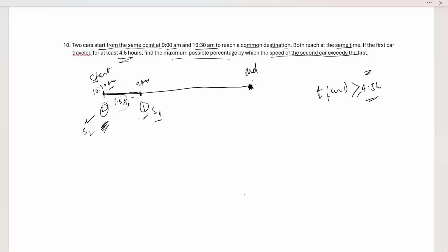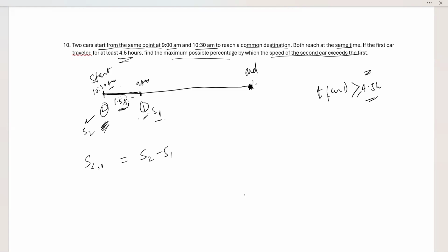So for the meeting to happen at this endpoint, they have to cover this distance. And at what speed? At a relative speed. What is that relative speed? S2 comma 1, which is S2 minus S1.